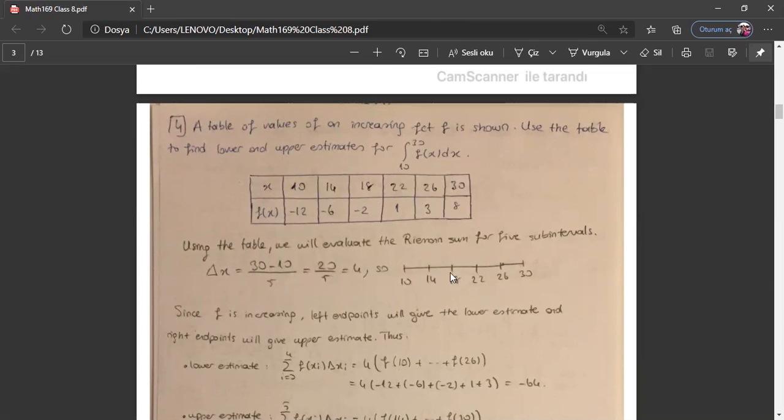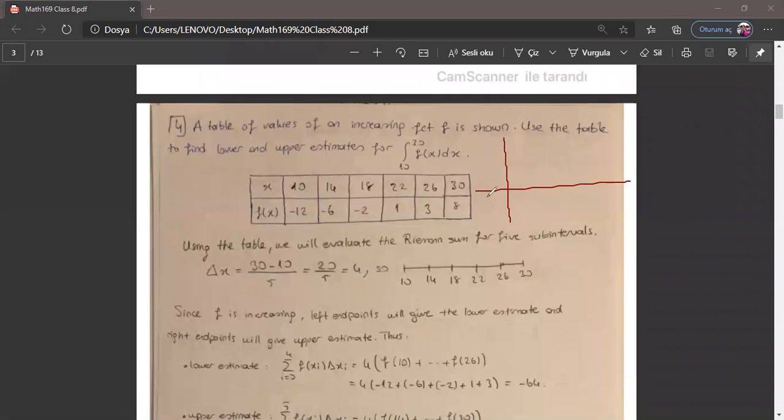So we divide it into 5 subintervals, as in here. Now we see that f is an increasing function, okay? We will find lower and upper estimations. It's better if we visualize it.